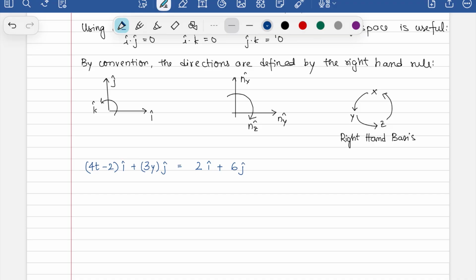So how do you find out what t and y are, the two unknowns over here?